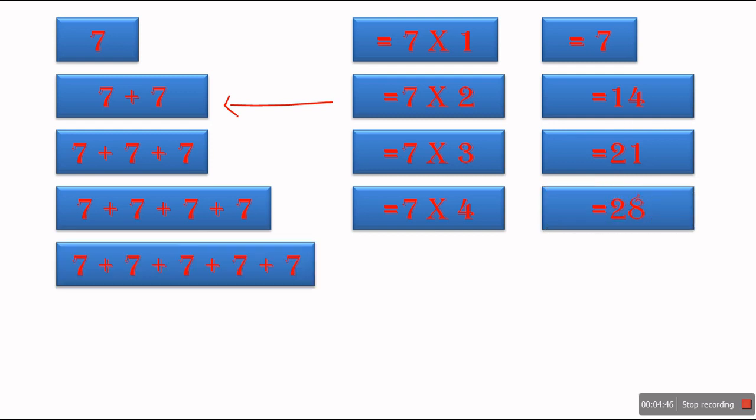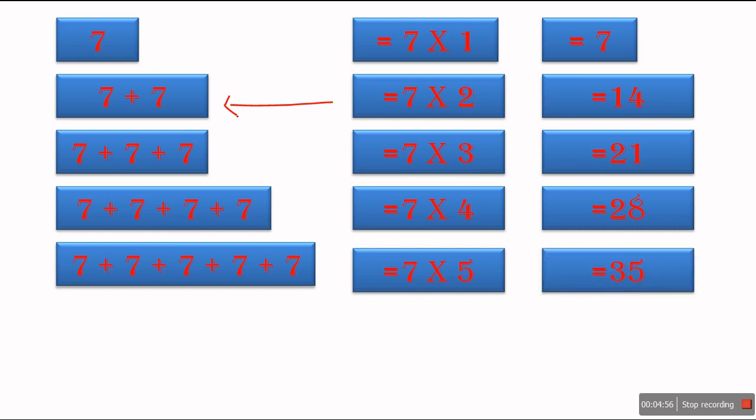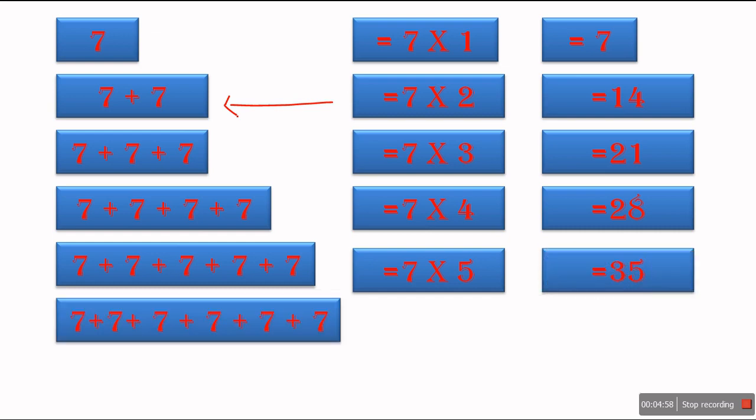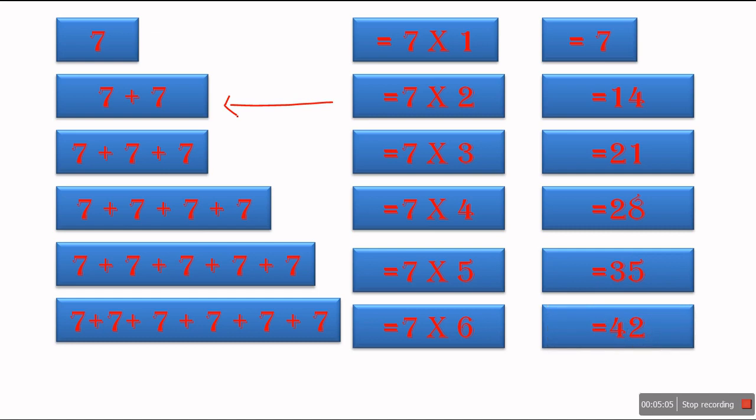If 7 is added 5 times, I can write 7 into 5, equal to 35. And if 7 is added 6 times, I can write 7 into 6, that will be 42.